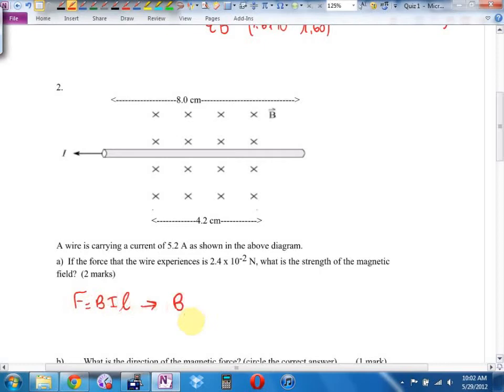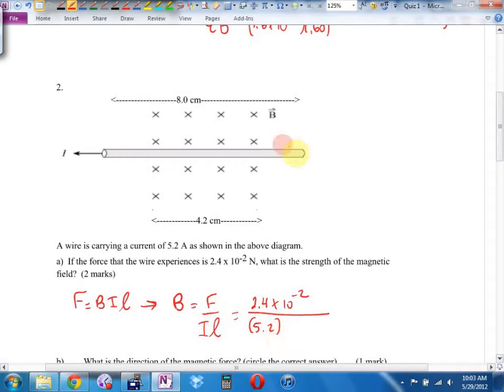The symbol for magnetic field is B, which is going to be F over IL. The force is 2.4 times 10 to the negative 2, divided by the current, 5.2. Which length? They gave me 2 lengths. The length of wire that's inside the magnetic field.